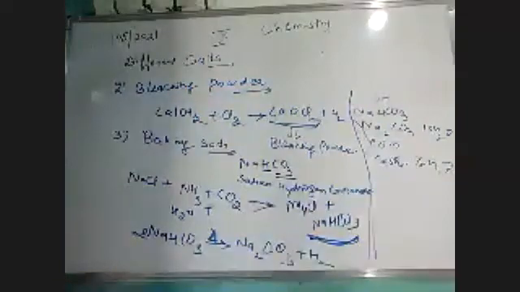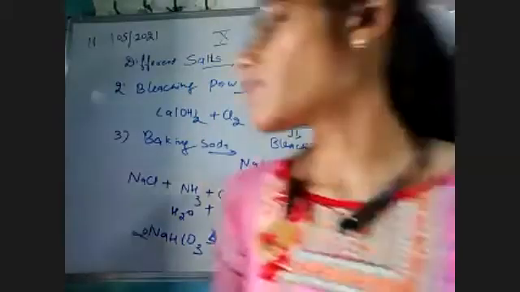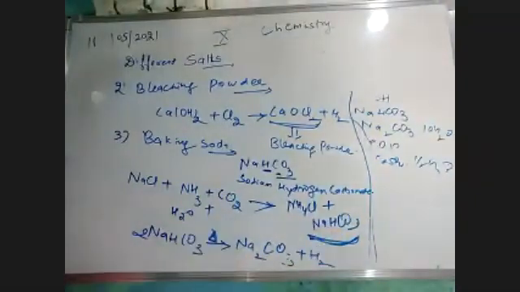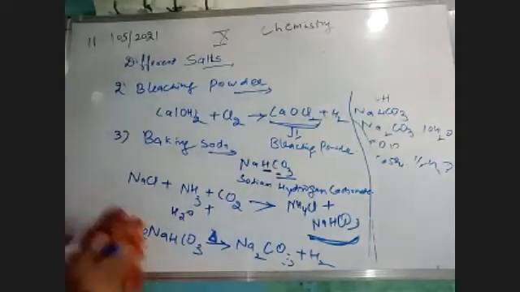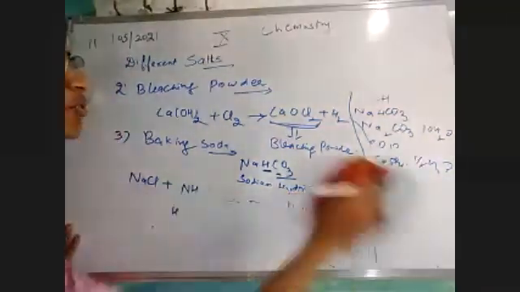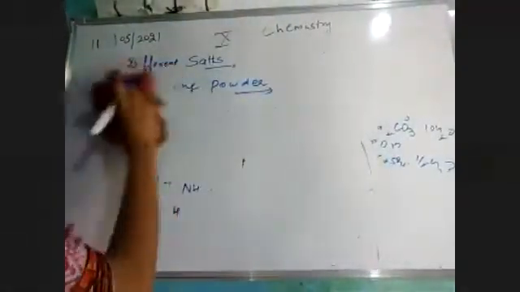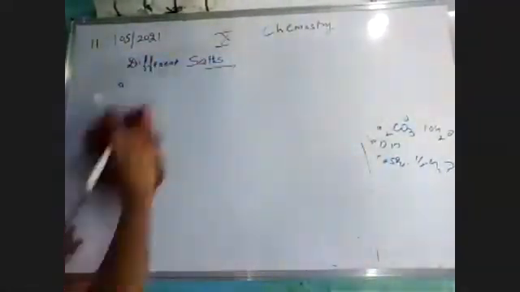I have already told you that with the help of sodium chloride we get sodium hydrogen carbonate, and on heating sodium hydrogen carbonate, we get sodium carbonate. This sodium carbonate is something which is known as washing soda.